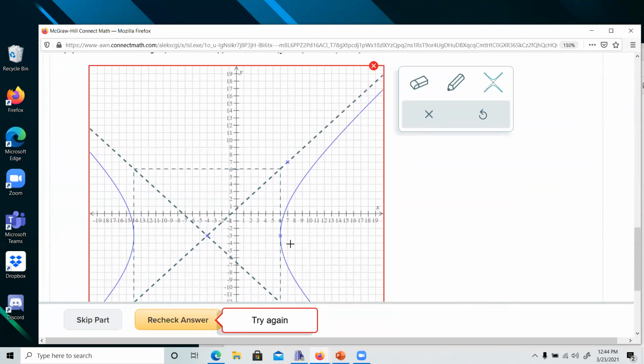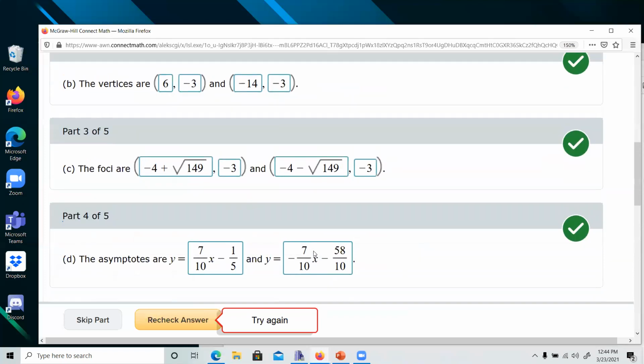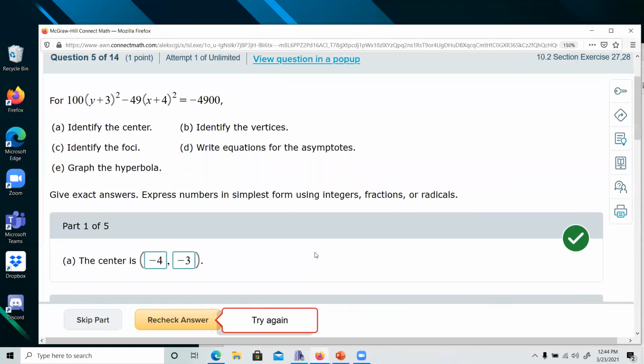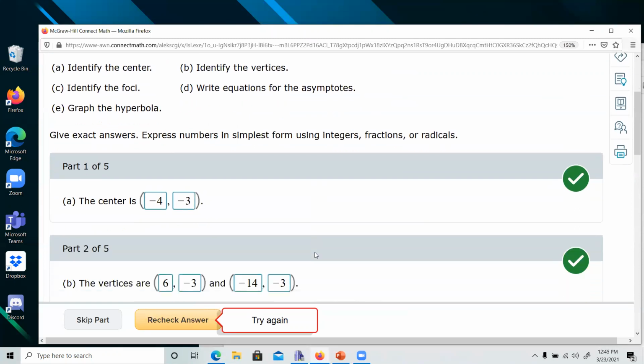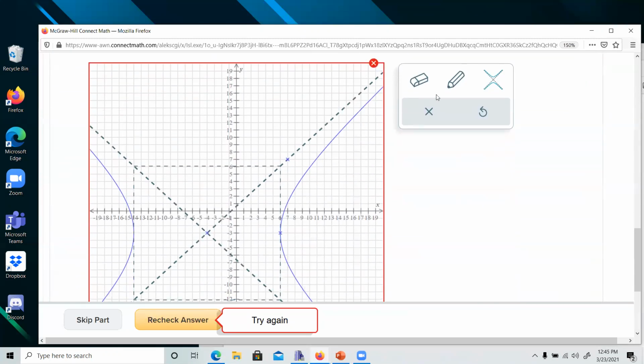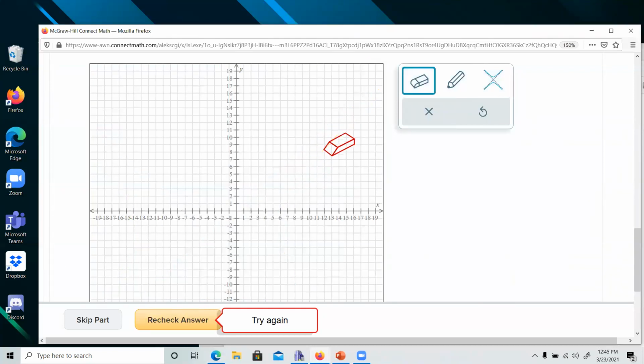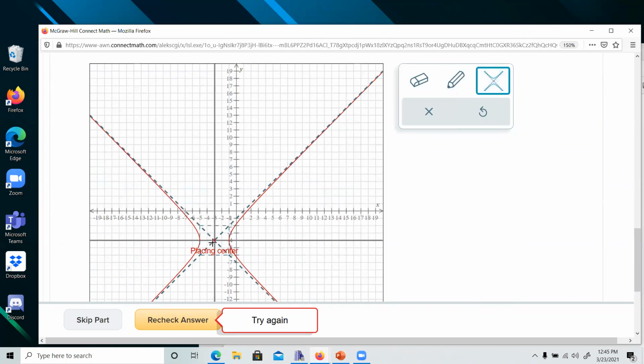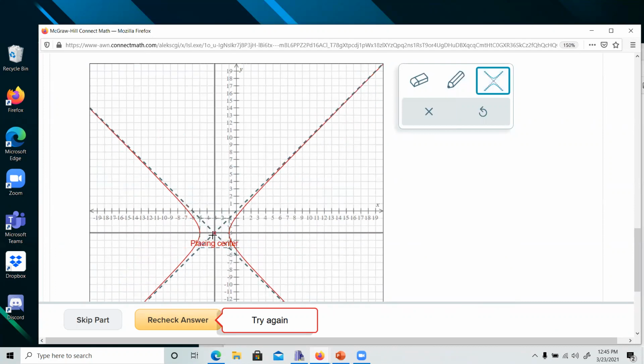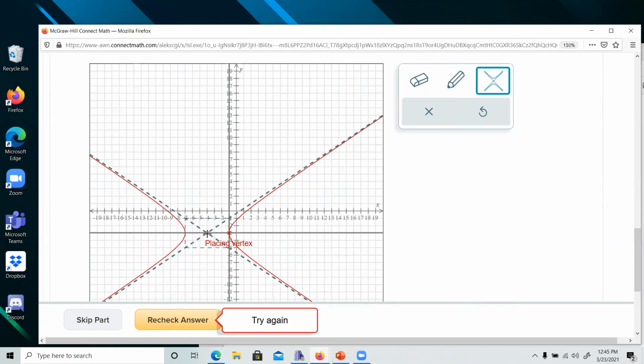Okay. What was my y values? Oh, it's plus or minus 7. All right. -4, -3. There we go.